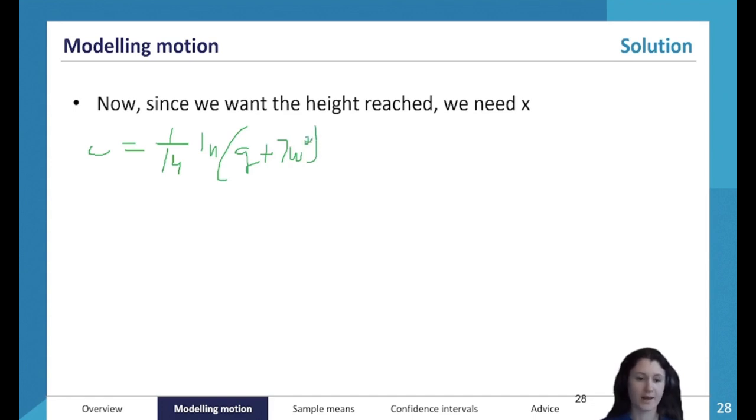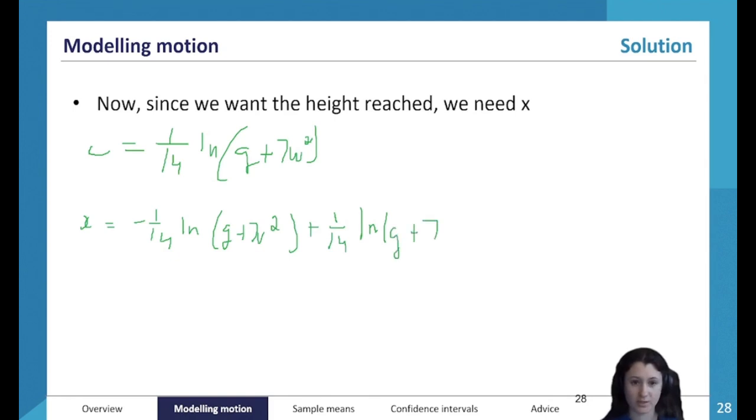Alright, and now just to add that C value to our original function for x, we're going to get that x is equal to negative 1 on 14 ln(g plus 7v squared) plus 1 on 14 ln(g plus 7u squared).